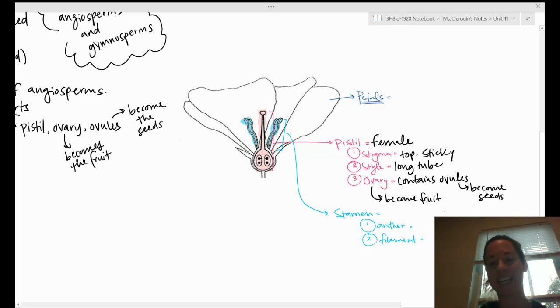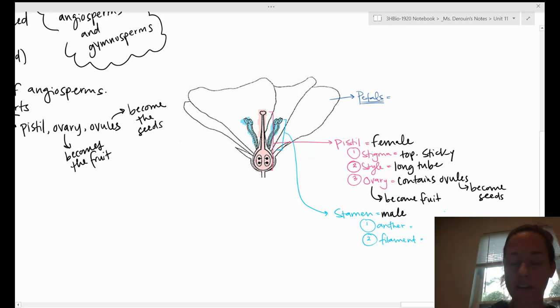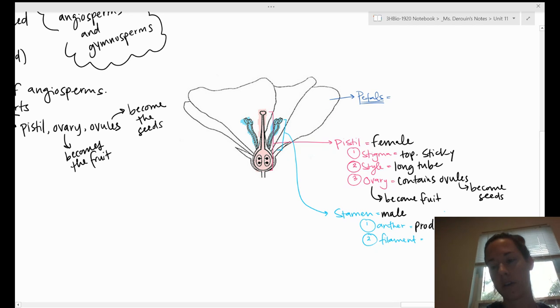And then the stamen is the male part. The anther is the top that produces the pollen. And the filament is the long tube that attaches to the anther. Filament's not super important for our purposes.